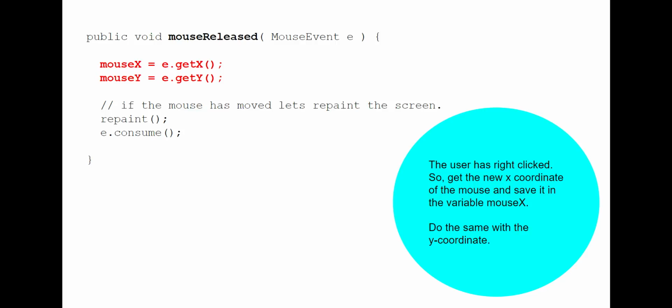I'm using e.getX and e.getY. I store those two integers in my variables that I'd created earlier, mouseX and mouseY. Whenever the user clicks anywhere on the screen, I grab the x coordinate and the y coordinate, and I store that information in mouseX and mouseY.